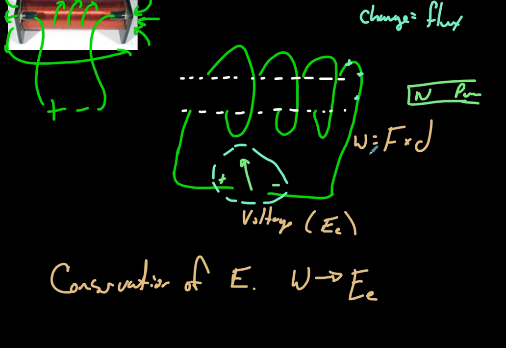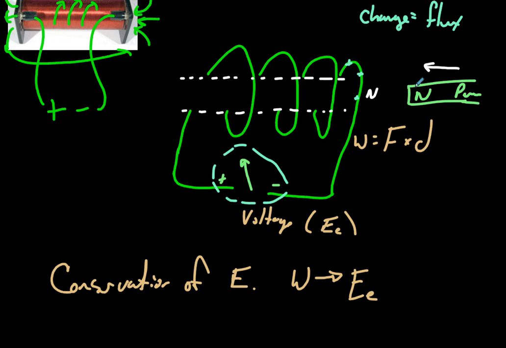But remember, I need to work to obey the law of conservation of energy. So as these move, right, remember Ampère's law, moving charge creates a magnetic field. So what ends up happening is these moving charges create inside the solenoid a field that will repulse what I'm trying to do.